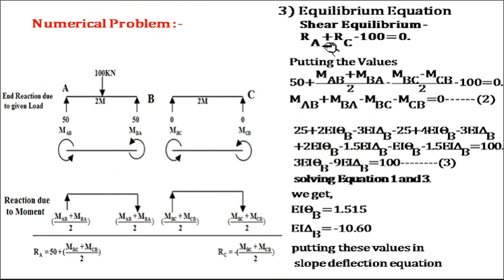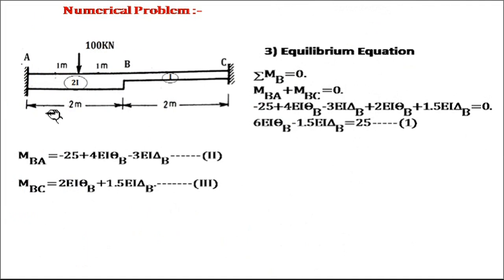Now here you have to apply the second equilibrium equation, that is the shear equilibrium. If you see the beam, here RA plus RC, and the vertical load is 100.